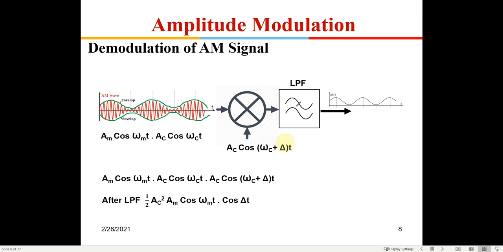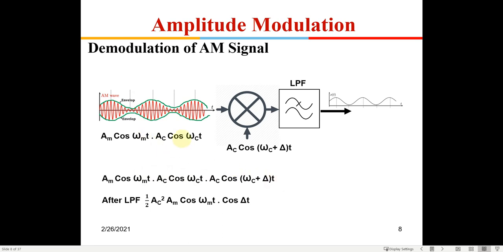So assume there is a delta variation from the desired frequency at the receiver side. The transmitter frequency and the receiver frequency differ from each other by a small magnitude called delta. Now you multiply these two signals, so Am cos omega ct, and you get an equation like this.